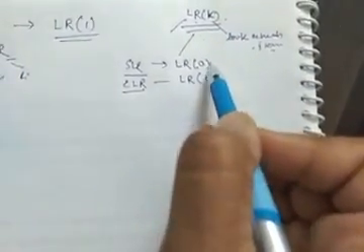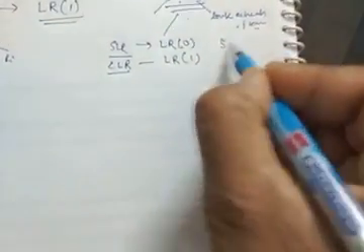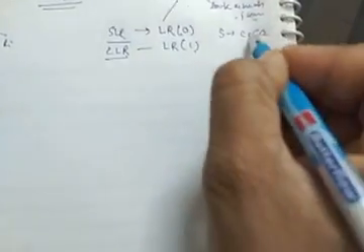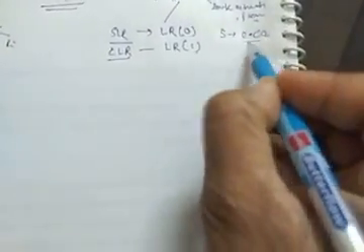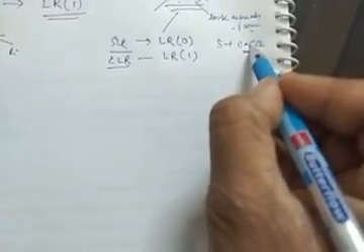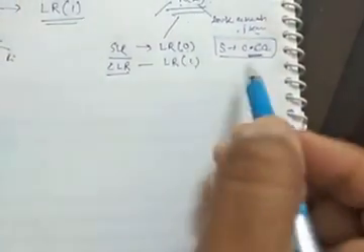In SLR parsing we see only the current item, meaning that for a production like this, we concentrate only on the element that comes after the dot position. That's why it is called LR0. We have seen that for the previous example, SLR parsing contains multiple entries, so to remove that we move to CLR parsing.